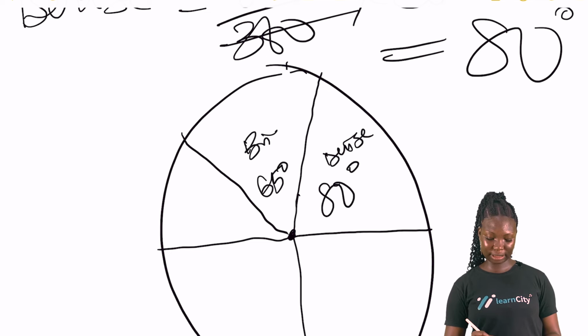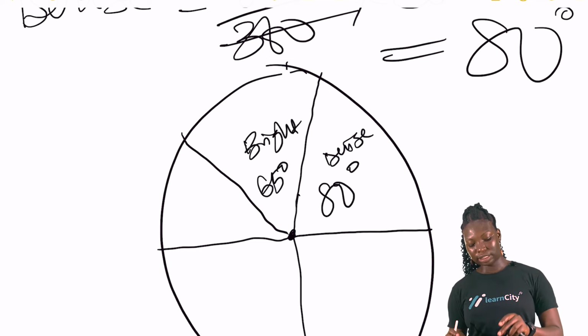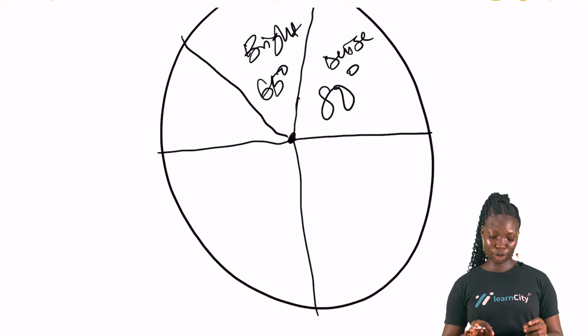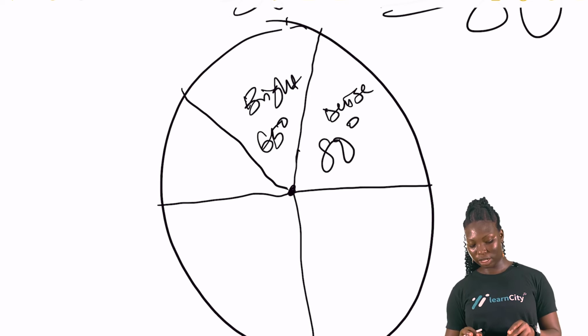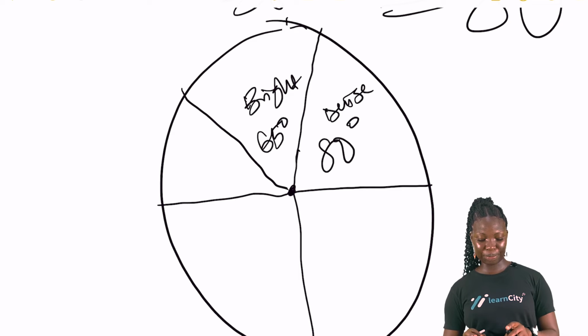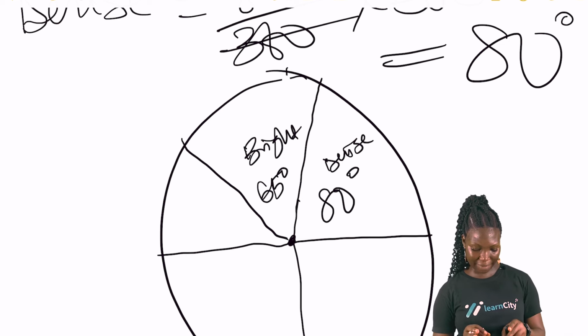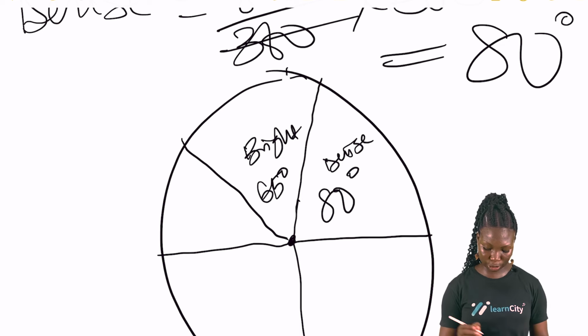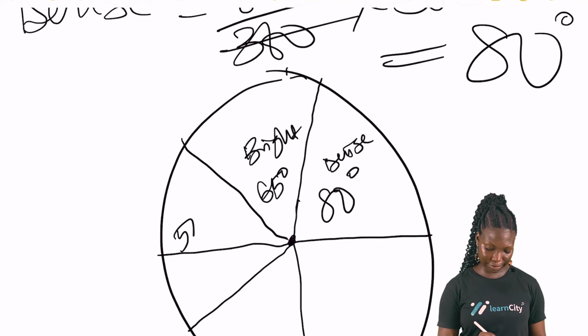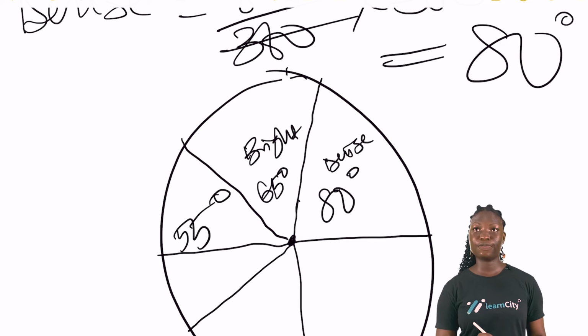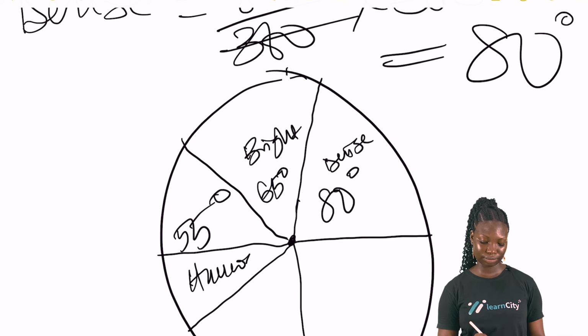For Bright, now 65 here. Here we have 55 degrees for Awa.